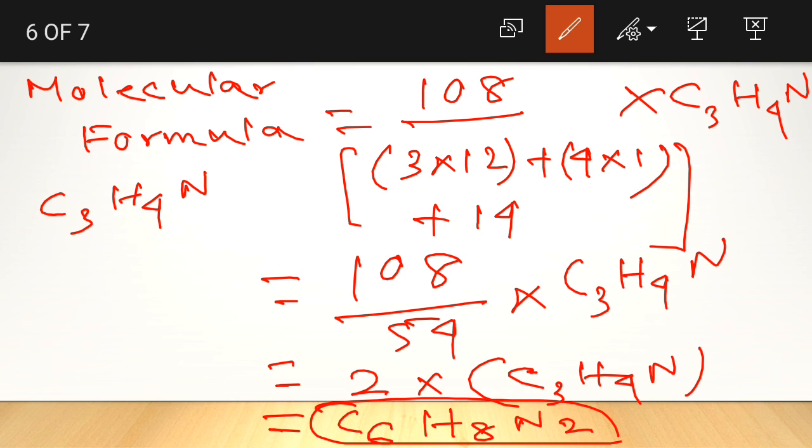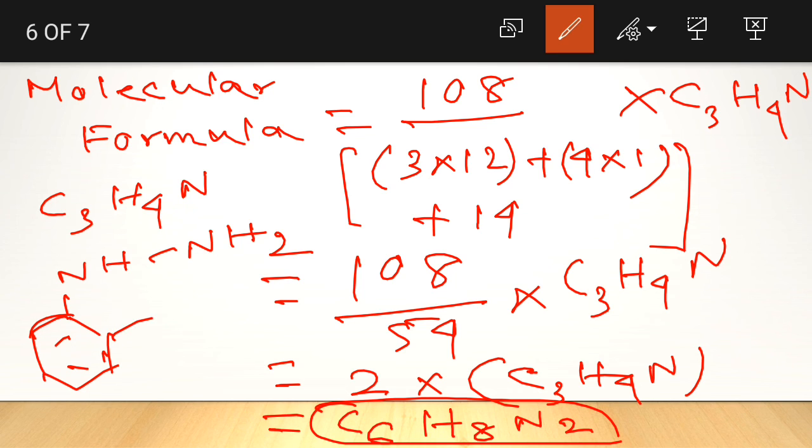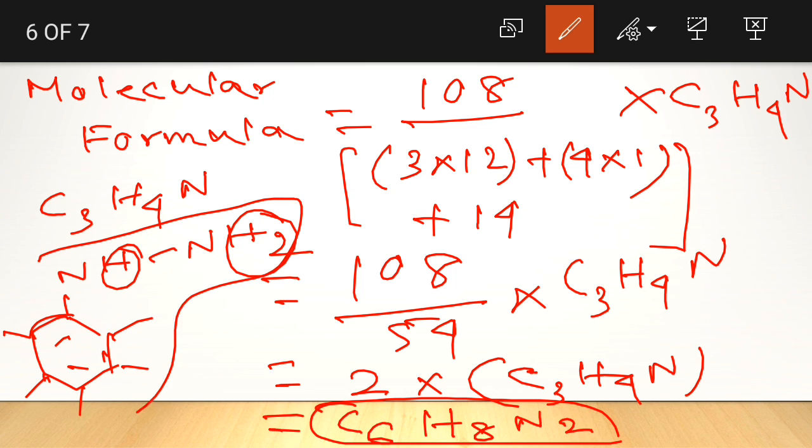The structure of the molecule will then be like this: benzene, NH, NH2. So you have the C6, then 2 nitrogen and 8 hydrogen, 1 2 3 4 5 6 7 8. So this is the methodology of how you can determine the empirical formula and molecular formula of a compound.